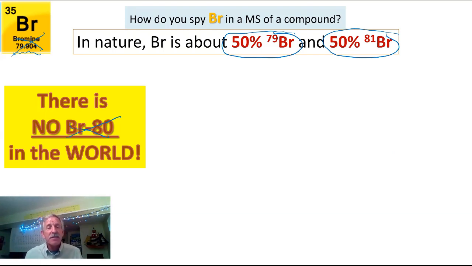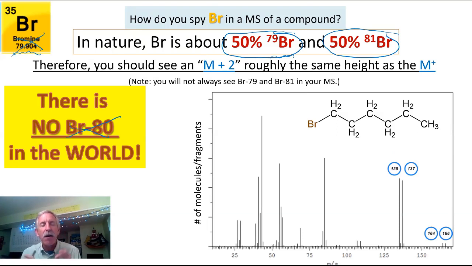Mass spec measures every molecule. If I put in 100 molecules that have Br on them, 50 of them will have a mass using Br79, and 50 of them will have a mass using Br81. So it's very easy to spy bromide in our mass spec because it's measuring every molecule.